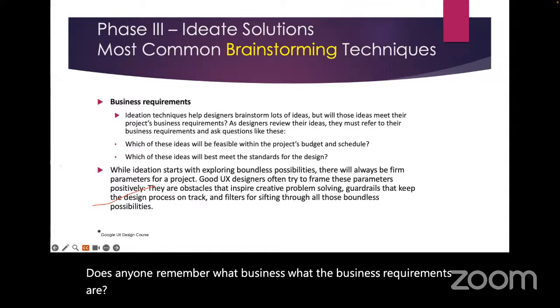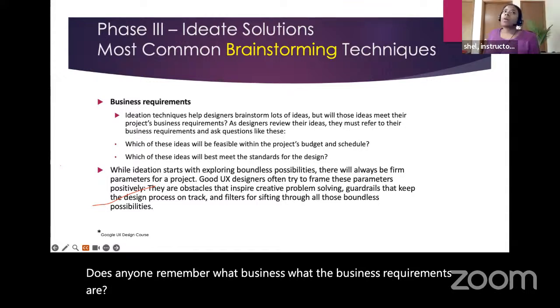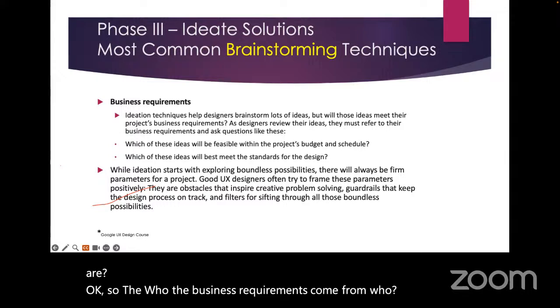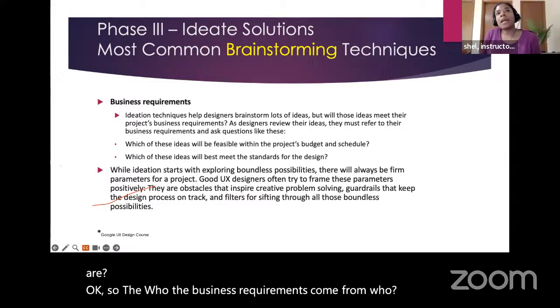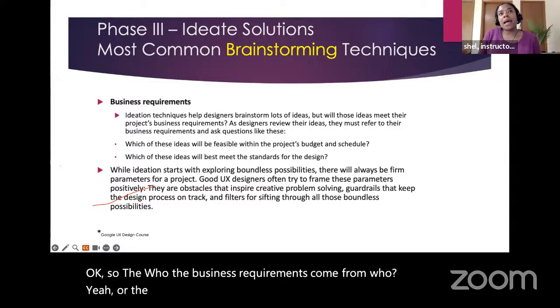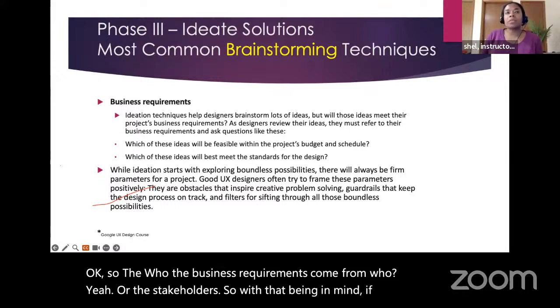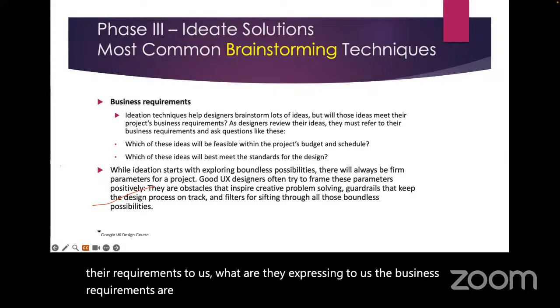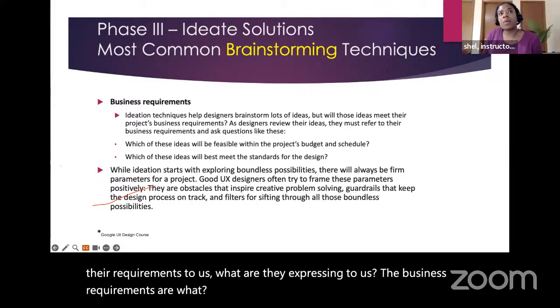Okay, so the business requirements come from who? The client, whoever hired us, or the stakeholders. If they're stating the requirements to us, what are they expressing to us? They're expressing to us their goals, and what else?